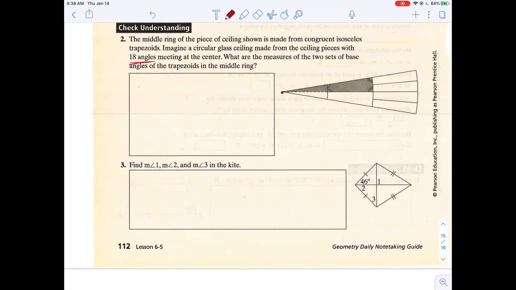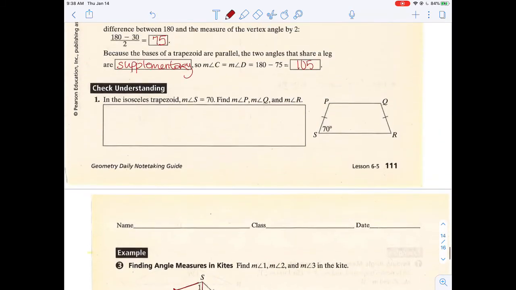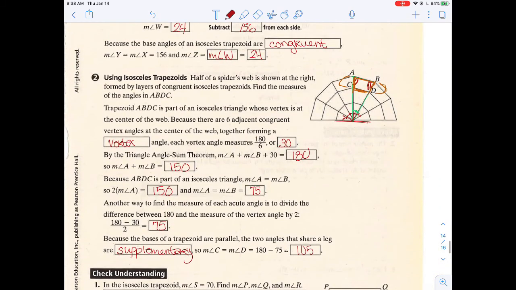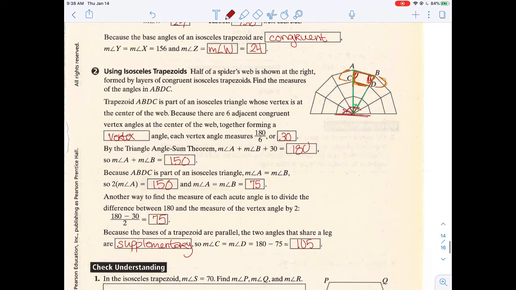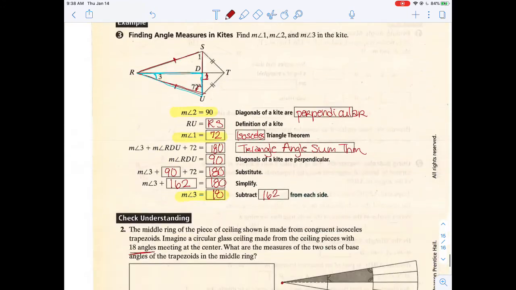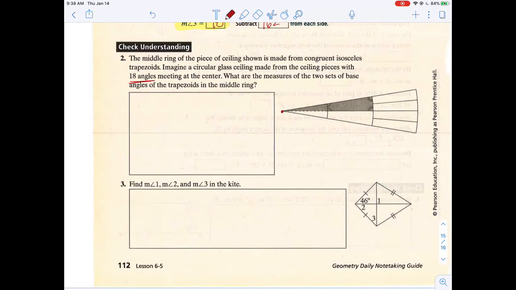So there's 18 angles. You have to keep in mind from example 2, we did half the circle divided by the number of angles we had. In this one, it's saying there's 18 angles in the whole circle. So you need to divide 360 by 18 to figure out what one angle is.